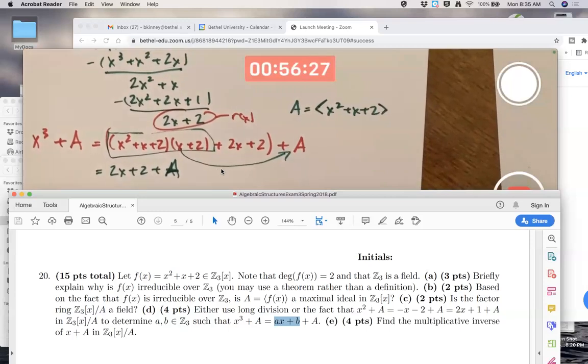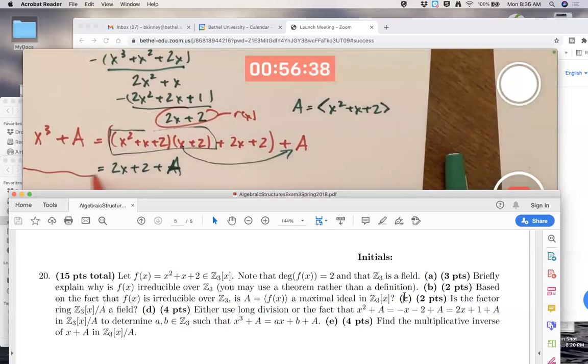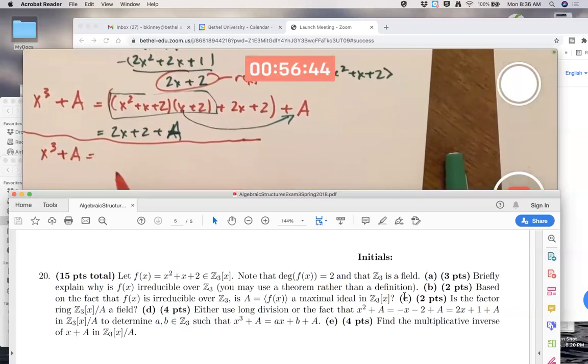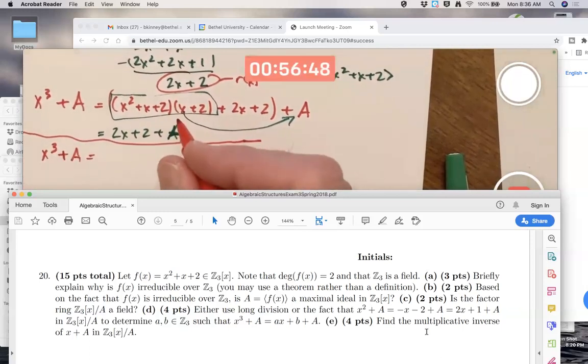Let's try to confirm that using these facts here as well. x cubed plus A. I could think of it as, if I'm going to use this fact, I need to get an x squared in there.